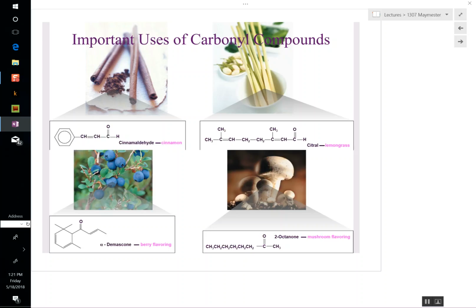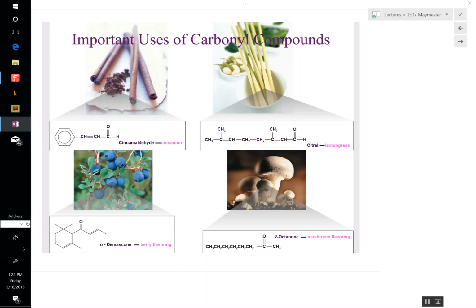So you have an aldehyde functionality, you have a benzene ring, and you also have a double bond. So you can see natural products are starting to get a little more creative than what we have done, trying to stick to let's just talk about alcohols, let's just talk about alkenes. You get into natural products and you get multiple functional groups on them.